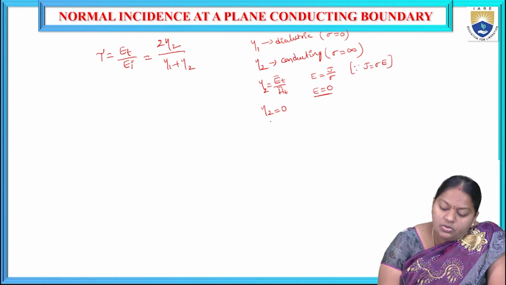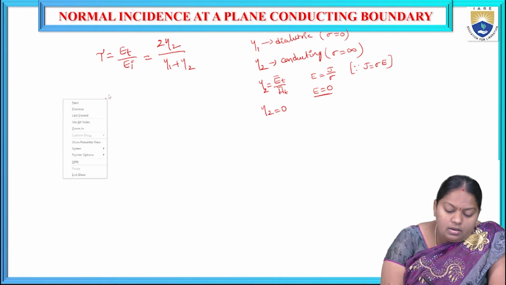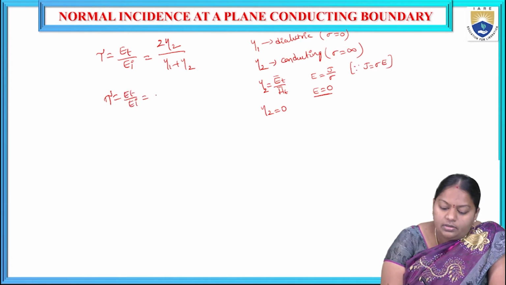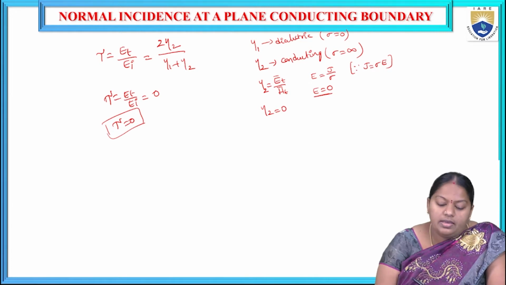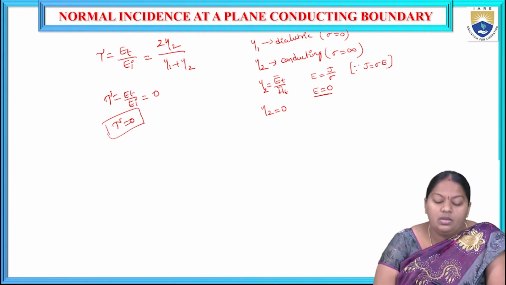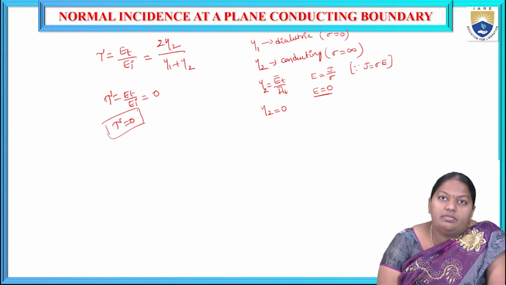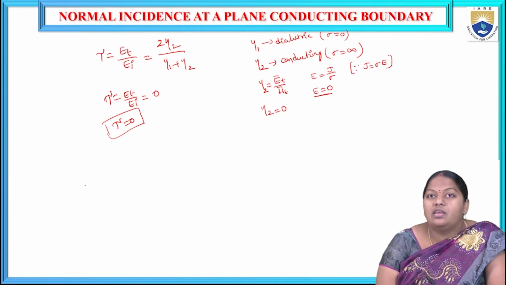So if we substitute eta 2 by 0 here, then tau equal to Et by Ei equal to 2 eta 2, which means 0. Then the transmission coefficient tau for normal incidence at a plane conducting boundary is 0. Right? Means there is no transmitted wave. Okay? The entire incident wave is reflected back to the same medium.